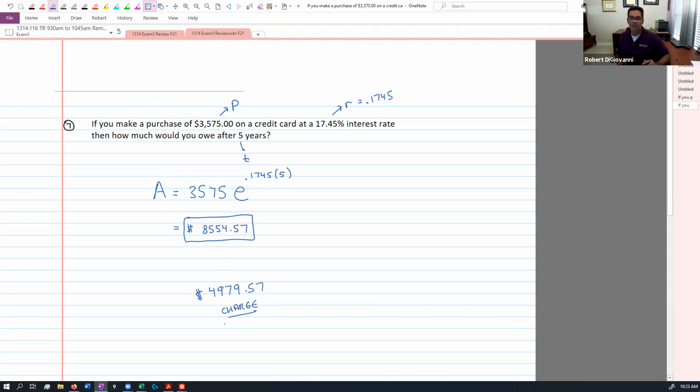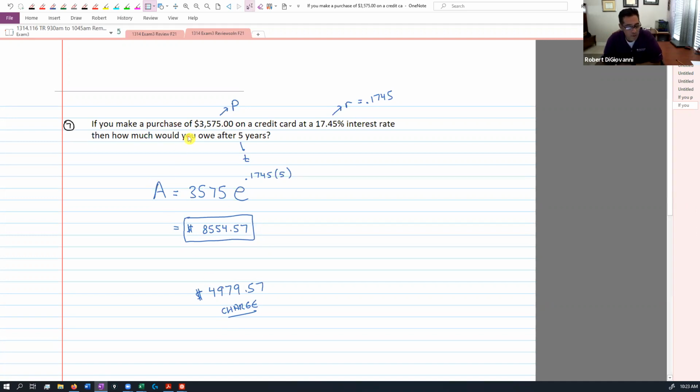So I talked about how do banks make money, right? If you put your money in there for 5 years, you're only going to get paid $600 for that, right? That was the previous problem. But if you borrow that money from the bank at a very high interest rate on a credit card, if you're doing like minimum payments, which means you're just barely chipping away, you're going to wind up paying a lot of money for that money.